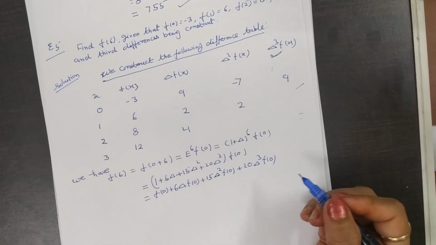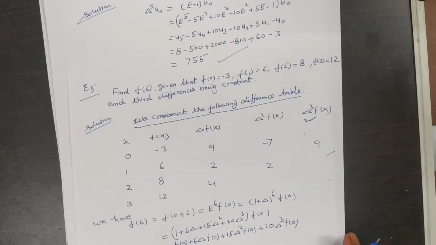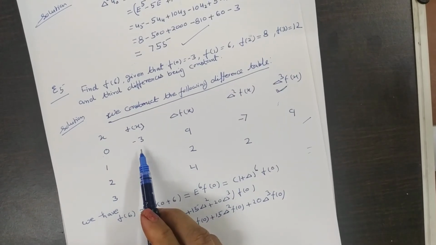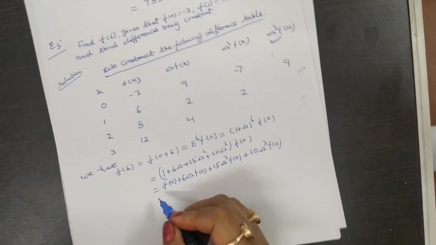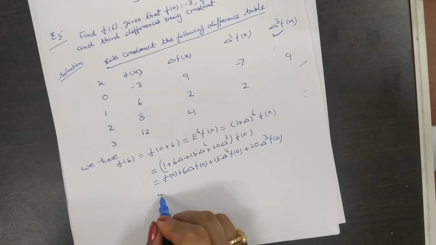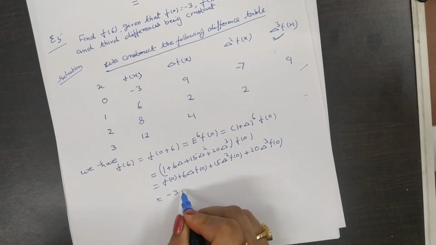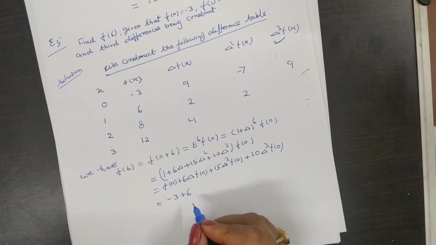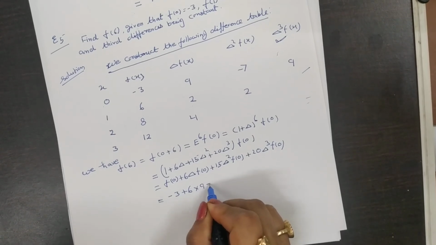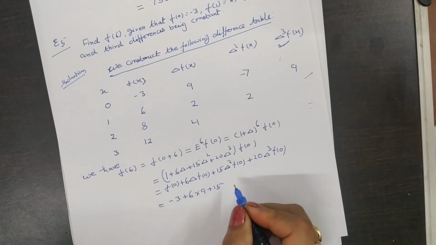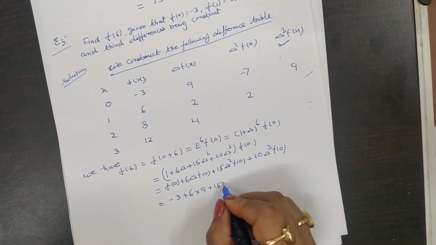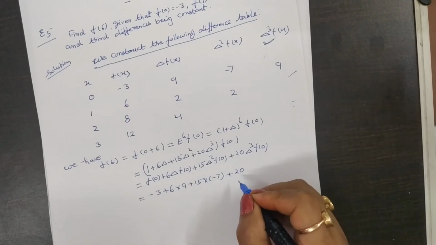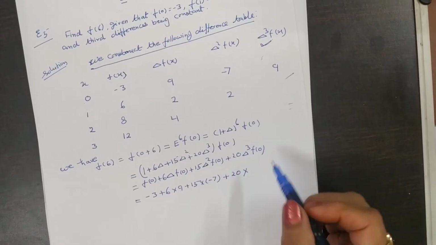Now substituting all the values, putting x equal to 0, in this table f of 0 is minus 3, plus 6 multiplied by delta f of 0, which is 9, plus 15 times delta square f of 0, that is minus 7, plus 20 multiplied by delta cube f of 0, that is 9.